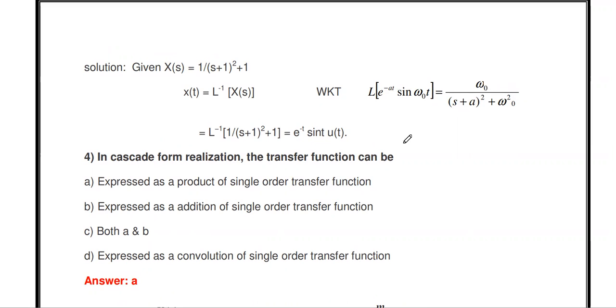We already solved this kind of problem. These are all standard Laplace transform pairs, and you have to remember them. E power minus at sine omega naught t has the Laplace transform omega naught by s plus a the whole squared plus omega naught squared.